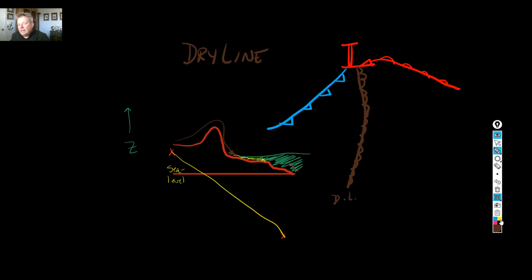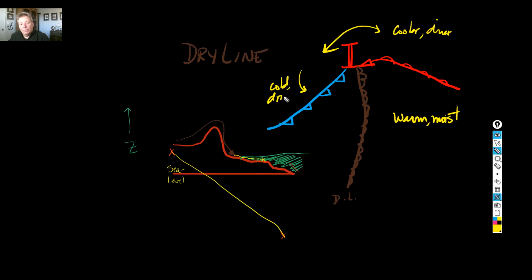And what that means is that here it's warm, moist. Up here in the cool sector, it's cooler, drier. Here it's cold and dry. But what's the weather like here?